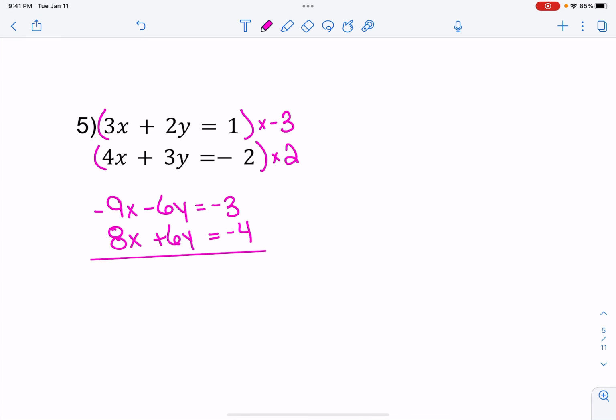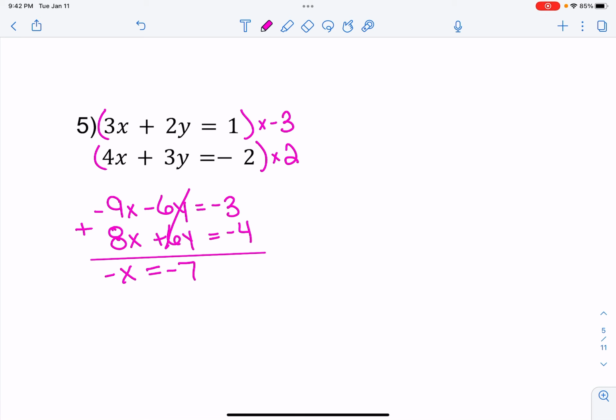All right, now we add those together. Negative 9x plus 8x is just negative x. Those y's, we have a positive 6y and a negative 6y, so they drop out. And then negative 3 plus negative 4 is -7. Be very careful here.